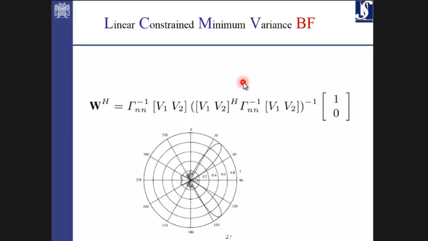It calculates the weight in such a way that you have all the gain toward the desired source, while you know that the second source is located somewhere else, and you put a null exactly in that place. So you force a null in that place, and the other way around. When you're looking at the other one, you're getting the source from this one and putting the null in the direction of the other one. So that's the way that the LCMV beamformer works. Okay?